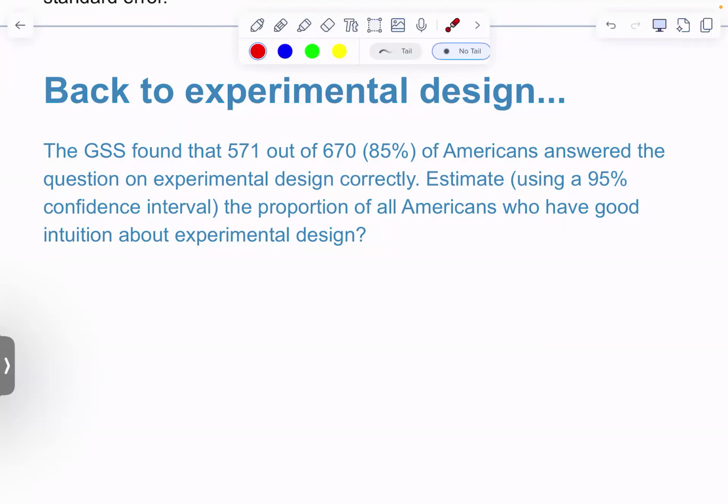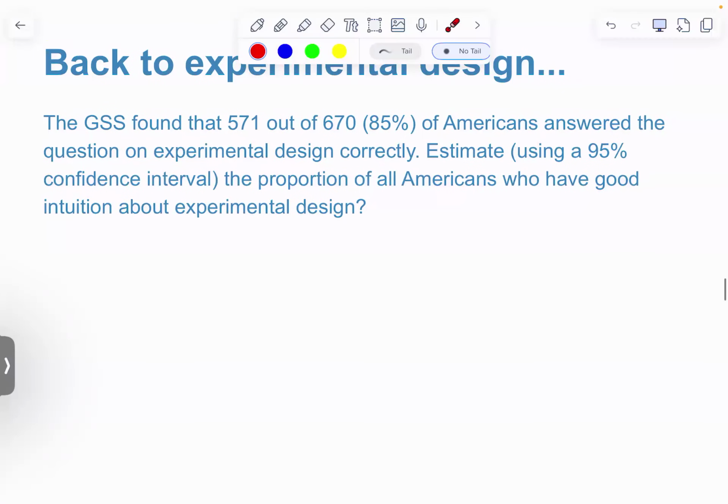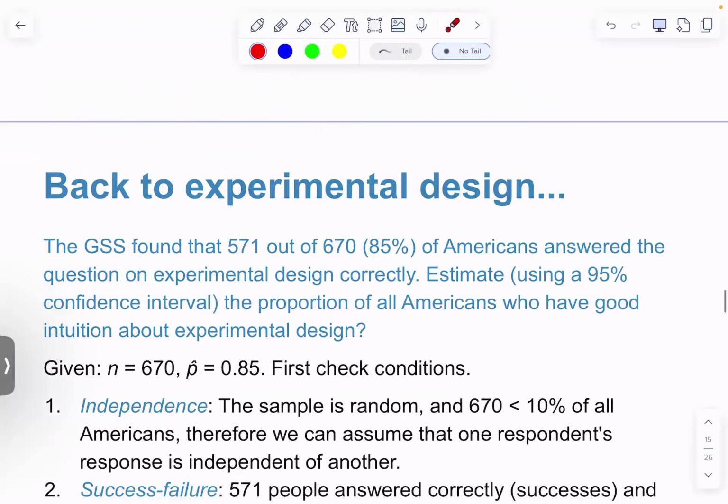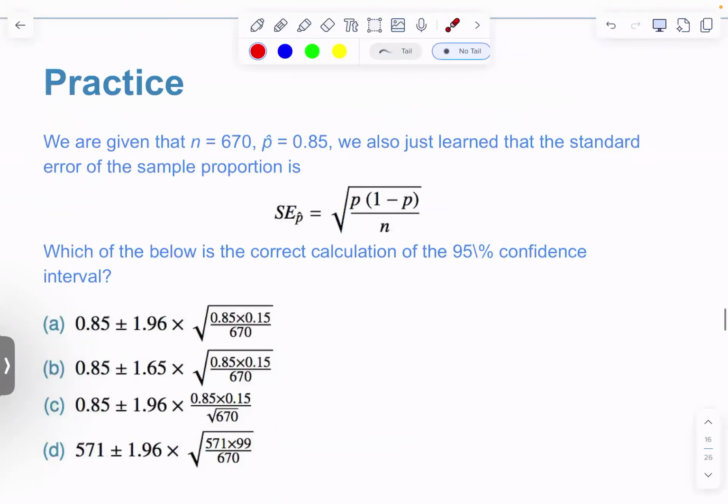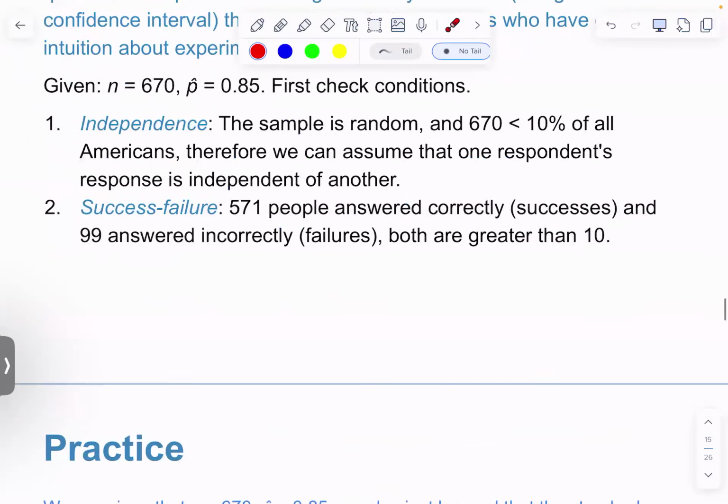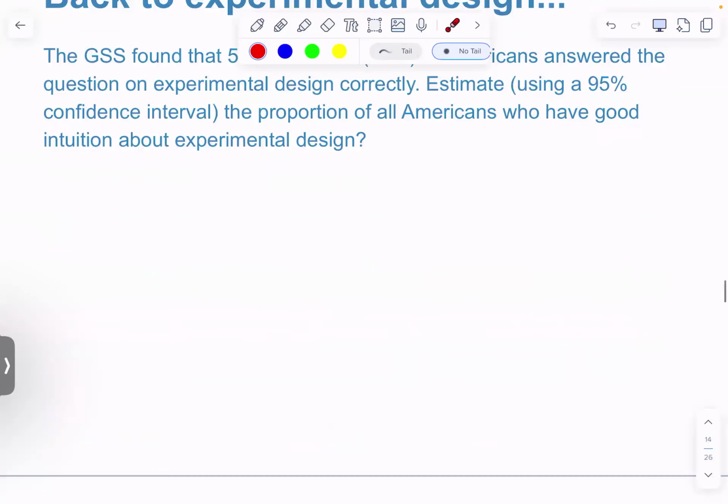All right, we're ready to go through and do this confidence interval. We're going to build it from start to finish, which includes checking our conditions. It does have the solutions on the next few slides, but let's do it properly.